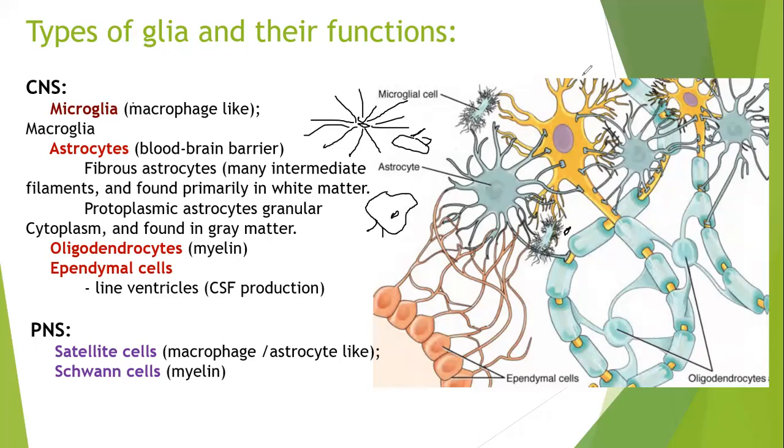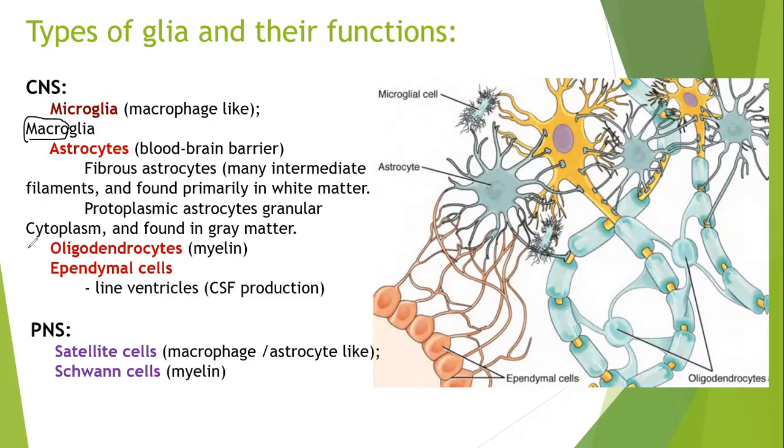So we say that it is called a microglia because it is very tiny as compared to the others. This is the only very small cell. All the others are large cells, and for that reason, they are called macroglia. So we only have one microglia, but all these other cells are macroglia.